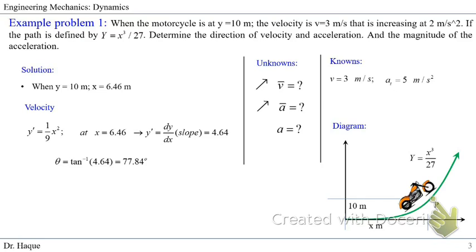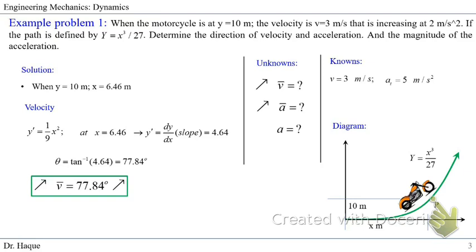That's the slope. If we take tan inverse, it gives us 77.84 degree. This angle is with the x direction. So we have found out that the direction of the velocity is 77.84 degree.